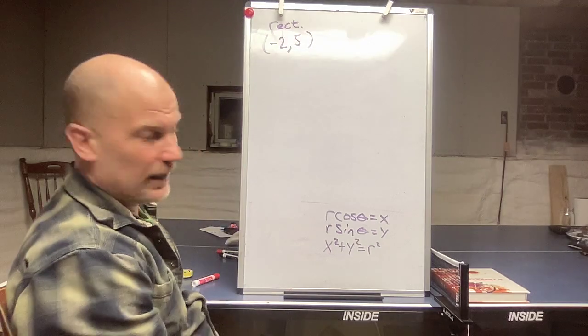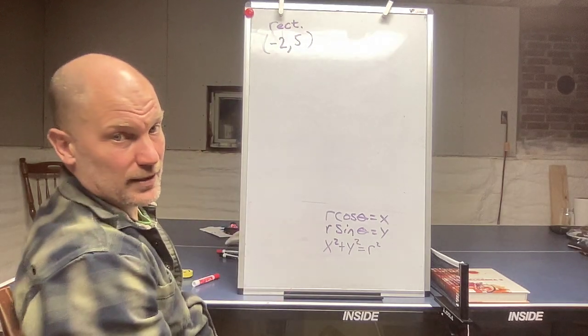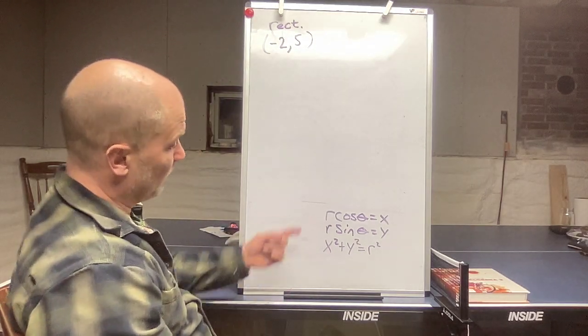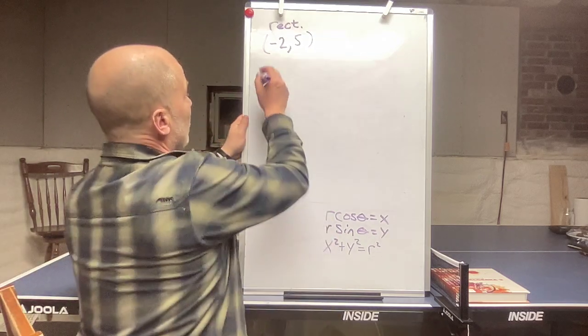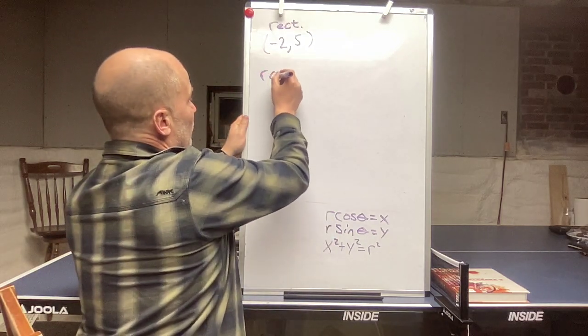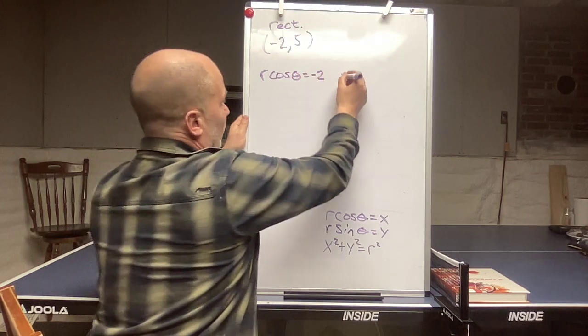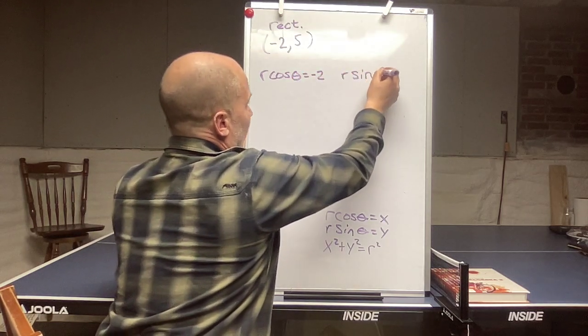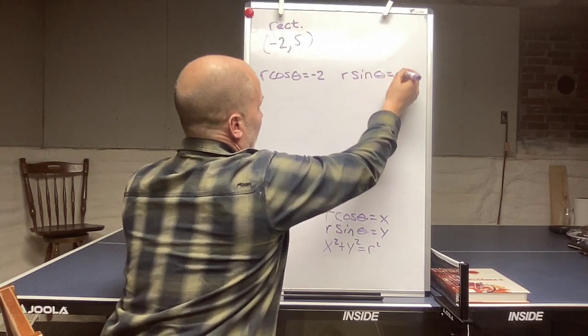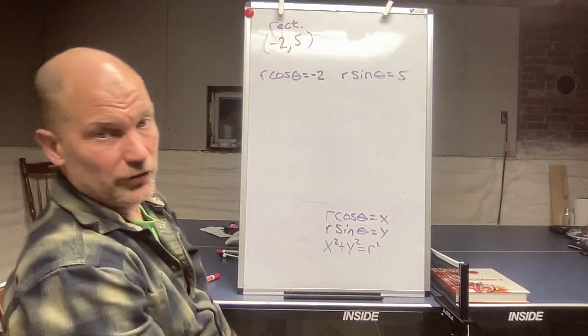Well, now I have to figure out what is r and what is theta? So we know that r cosine of theta equals -2. We also know that r sine of theta equals 5.